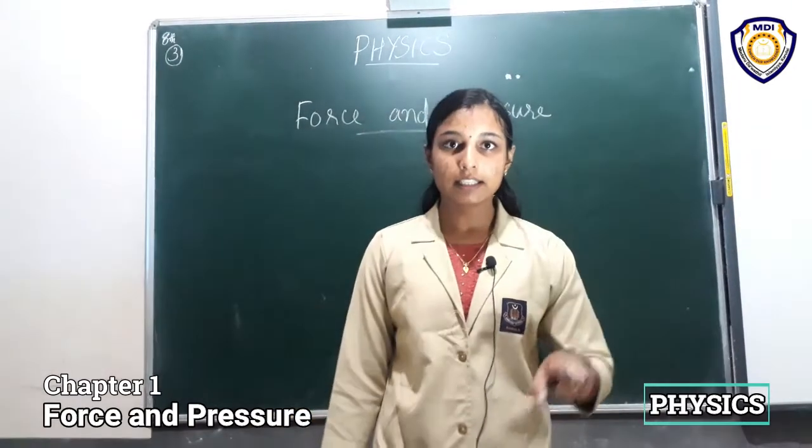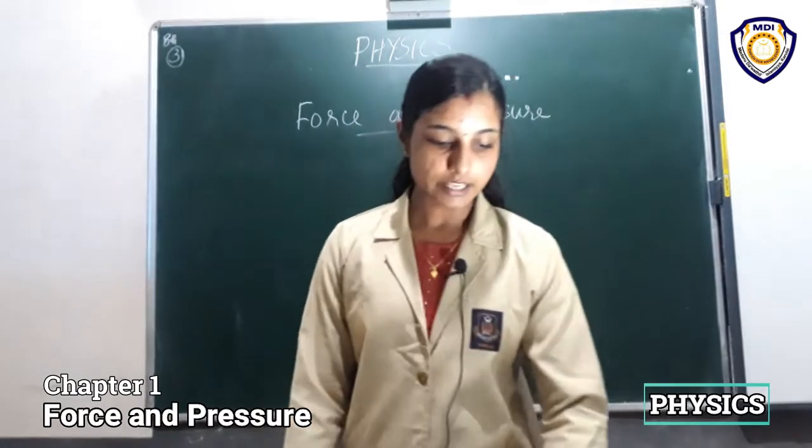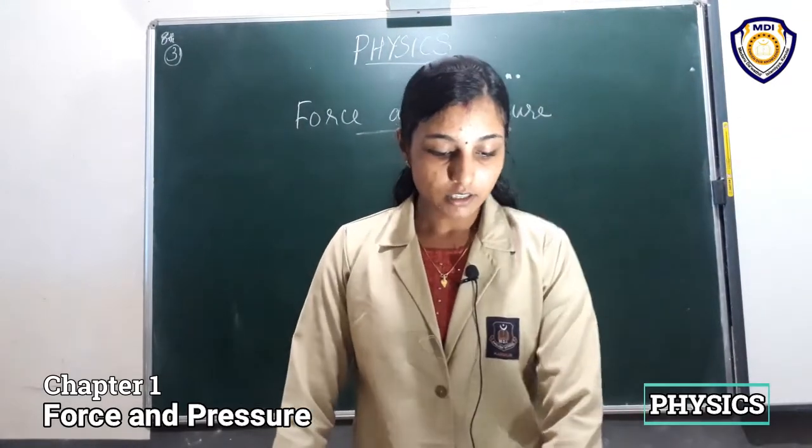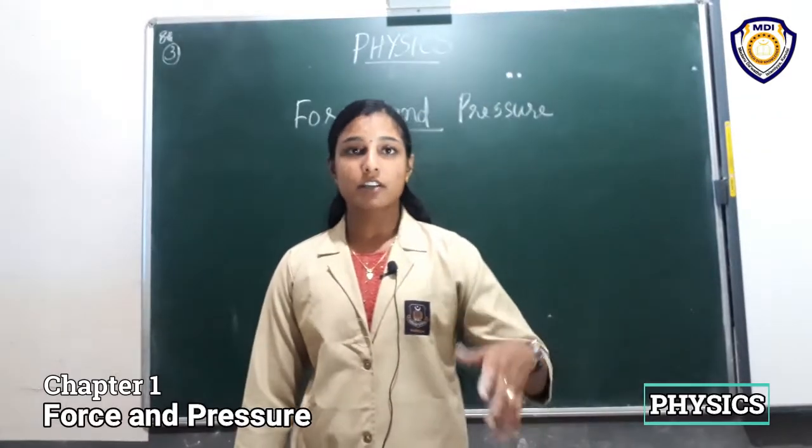So these observations suggest that a force applied on an object may change its speed. You should underline this in your textbooks, that is on page number 131, right? What observations?